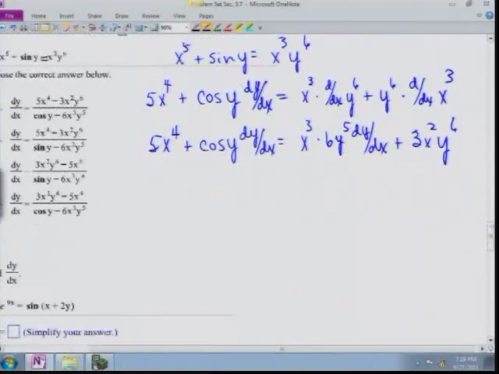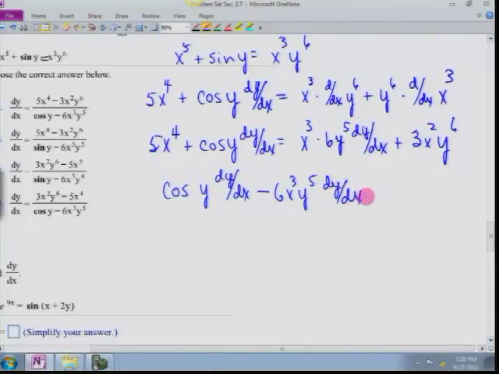Are we good there? So we got cosine y dy dx minus 6x cubed y to the 5th dy dx. Is that right? Equals 3x squared y to the 6th minus 5x to the 4th.